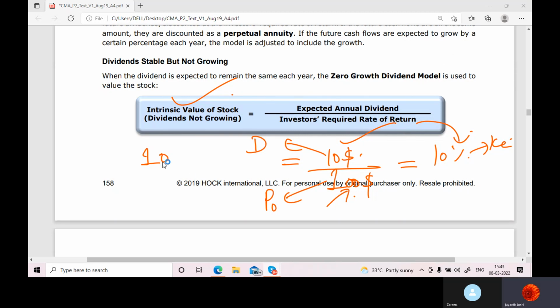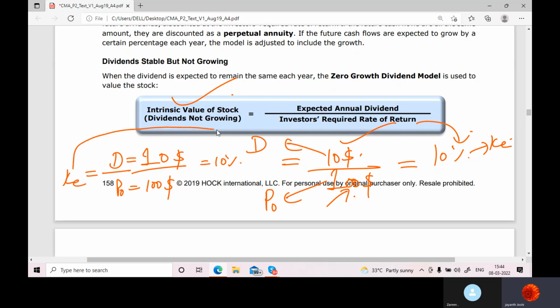So here, $10 is your dividend, $100 is your share price. So dividend by share price is nothing but the returns you get. Here you're getting 10%, and that is your KE.